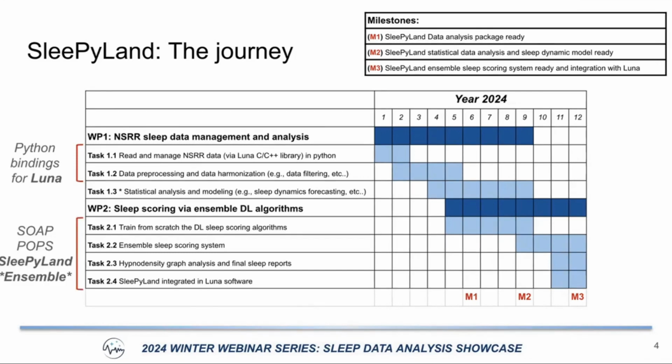Then in the second part, the most important part, we are going to retrain from scratch specific selected deep learning algorithms to be able to ensemble their knowledge and output the ensemble prediction. And who knows, maybe we're going to merge this SleePyLand knowledge with some automated sleep scoring algorithms like SOAP or POPS that have already been implemented in Luna. And again, the aim will be to then integrate SleePyLand in the Luna software.